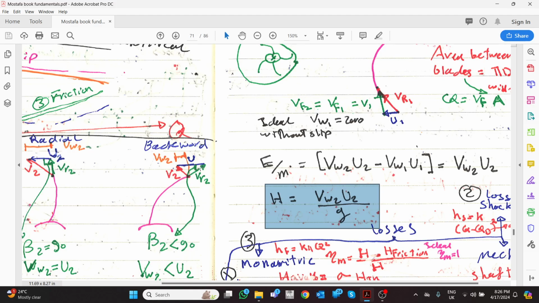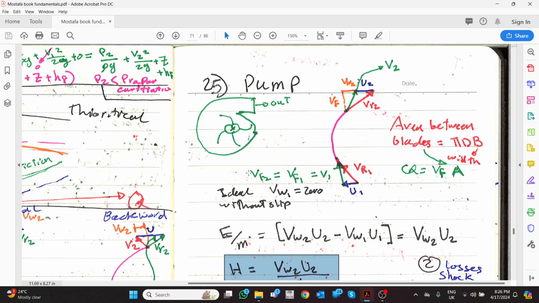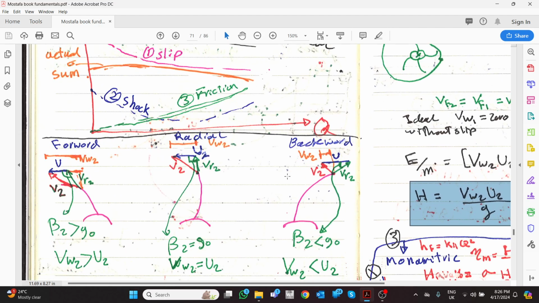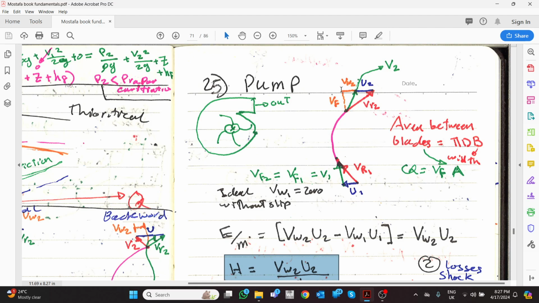So VR, the relative velocity out, is like this. And you know that u is in this direction. So V2 will be in this direction. Of course, if u is too much, this one will go too much. So the whirling velocity will be this part.